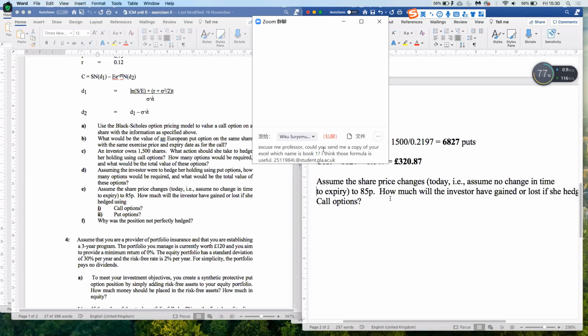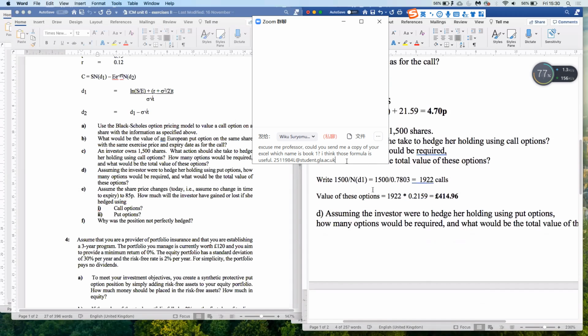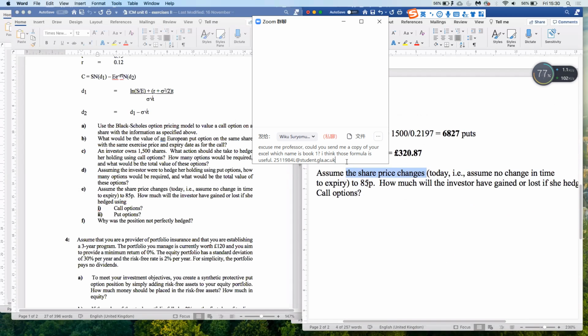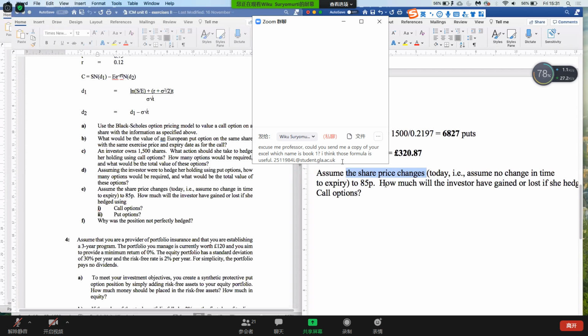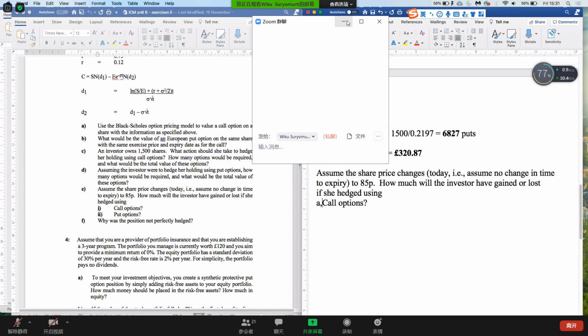Assume no change in time to expiry, and the share price changes to 85. So this is lower than the current price. The stock price is 90 and it changed to 85 pence. How much will the investor gain or lose if she hedges using, first, calls?